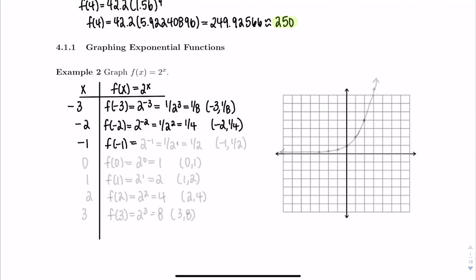F of -1, that's 2 to the -1, or 1 over 2 to the first. So we get 1/2. F of 0 is 2 to the 0, and anything to the 0 power is 1. So we have the point 0, 1.